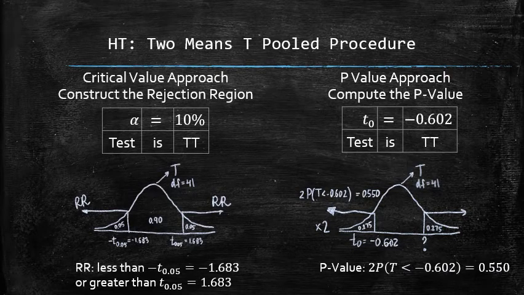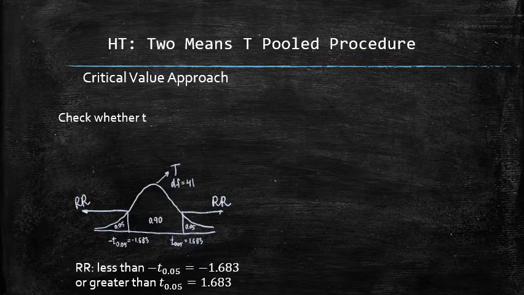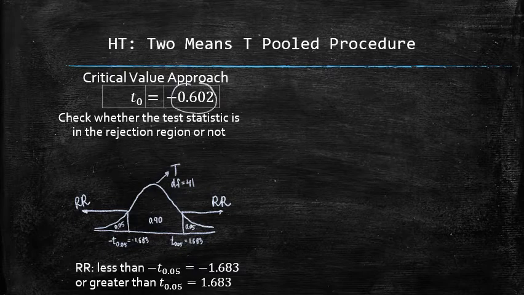Next, we are going to decide whether to reject or not reject the null hypothesis. In the critical value approach, we must check whether the test statistic is in the rejection region or not. Our test statistic is negative 0.602, and it is between the critical values negative 1.683 and 1.683.